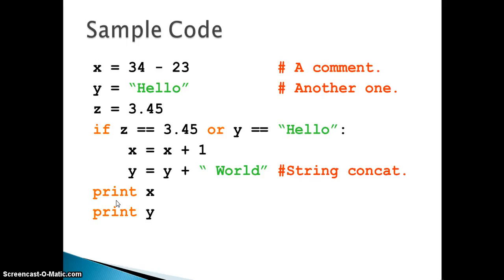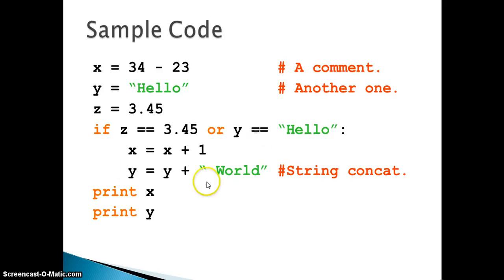This is a sample code which explains Python. See here, I have declared x equal to 34 minus 23, y equal to hello, z equal to 3.45. While writing code in Python, you don't need to use braces. Rather, you use indentation. For every block, you have to follow a uniform indentation.